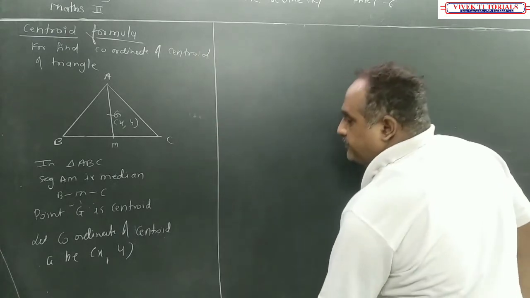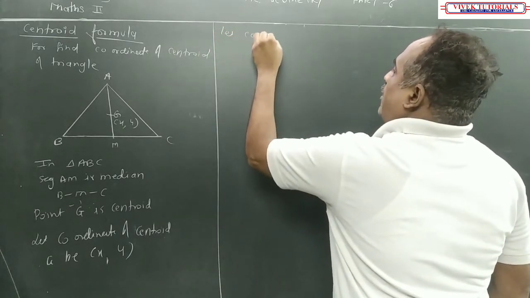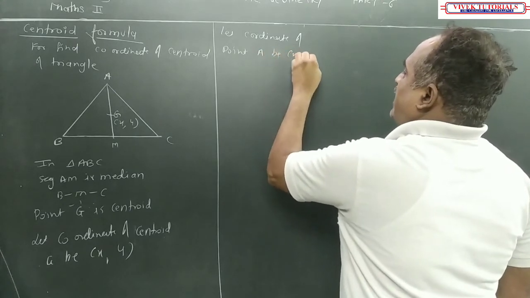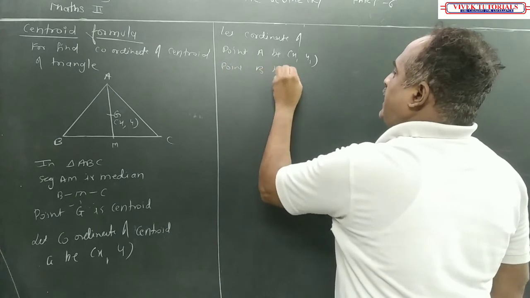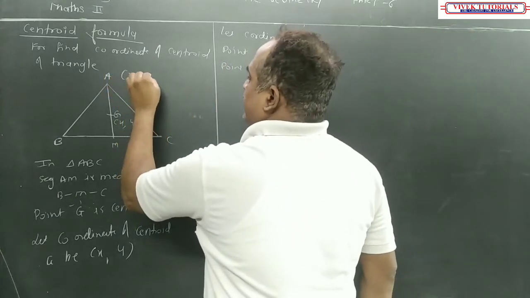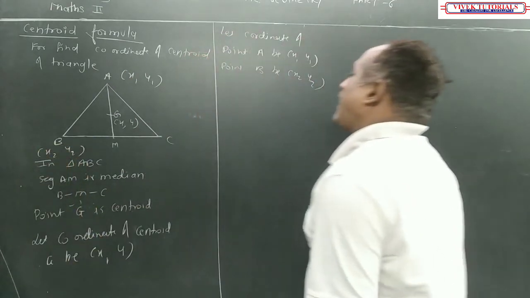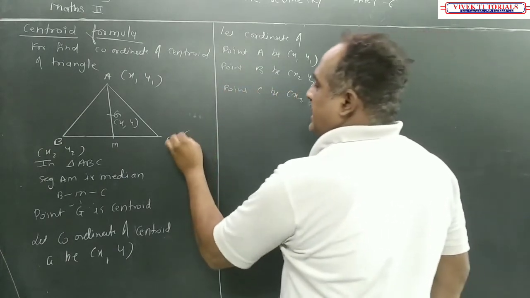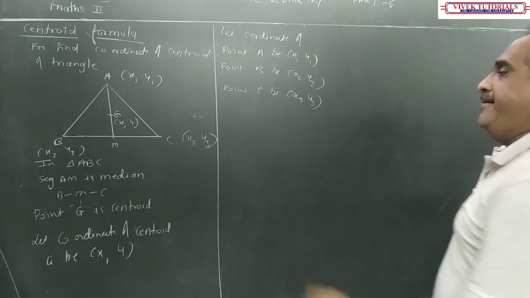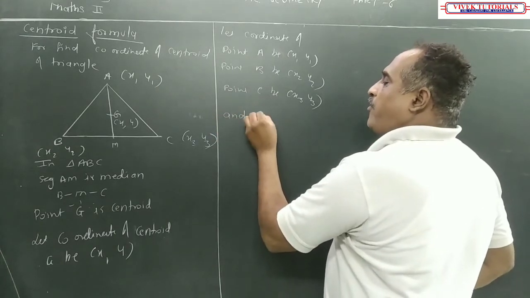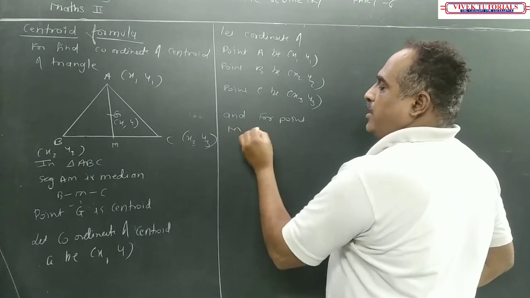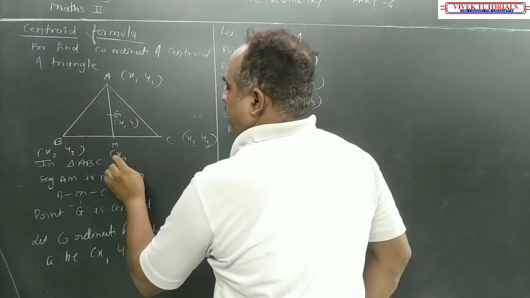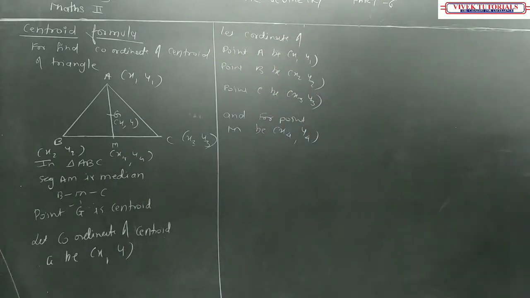Again, let co-ordinate of point A be x1, y1, point B be x2, y2, इसे लिया हमने x1, y1, इसे लिया हमने x2, y2, point C be x3, y3, इसे लिया हमने x3, y3, and for point M be x4, y4, अभी इससे लेते हैं हम लोग x4, y4. Is it right? Got it now?